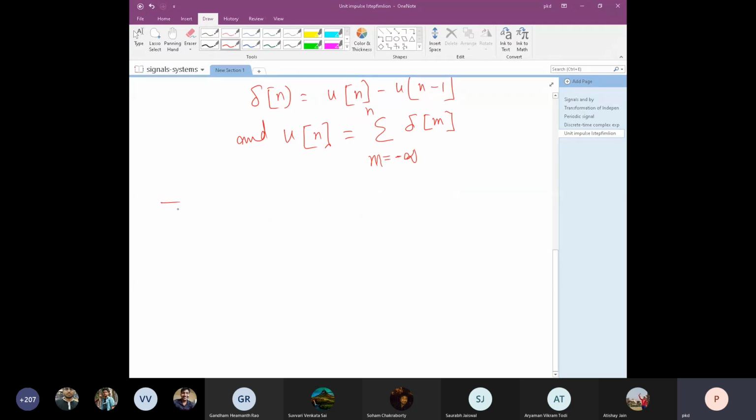However, the delta function has an important property: the property of sampling, or picking up a particular value.